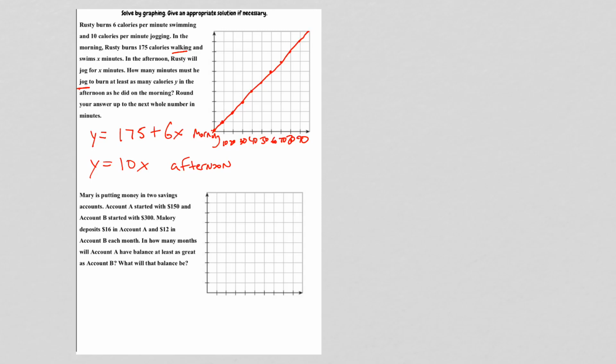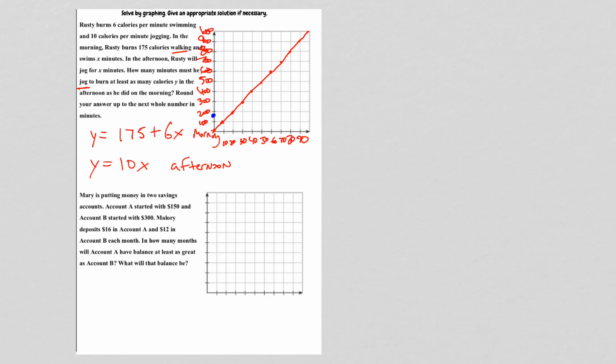The second one is 175. So let's do, this is 100, 200, 300, 400, 500, 600, 700, 800, 900, 1,000. And let's pick a different color. How about blue? So this one's going to start at like 175, which is right around there. And it goes up 6.